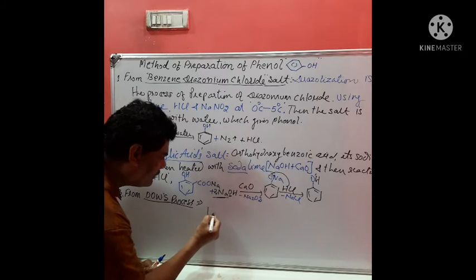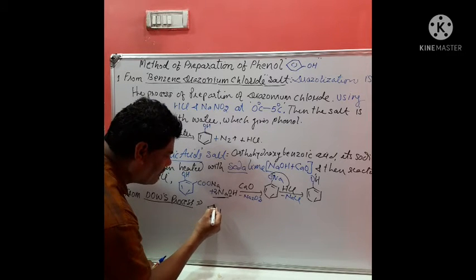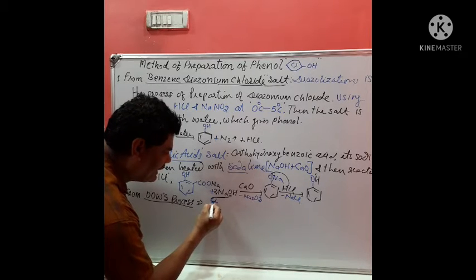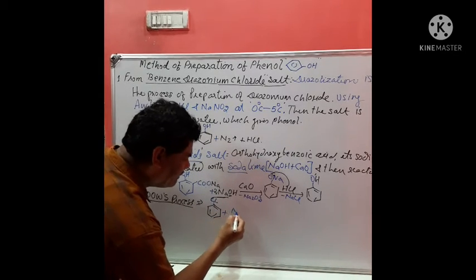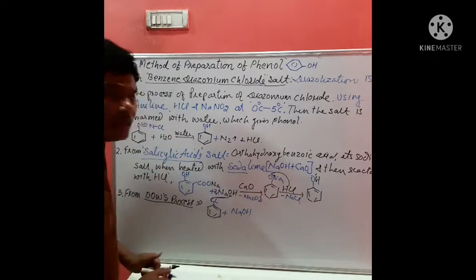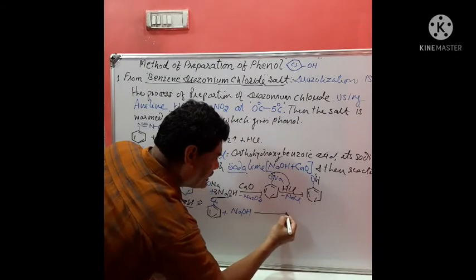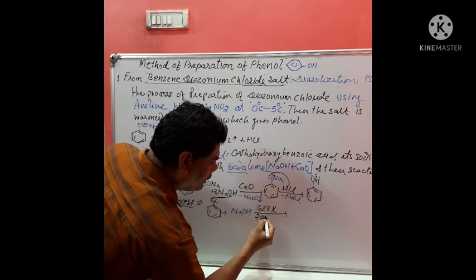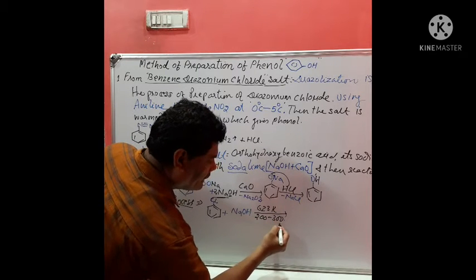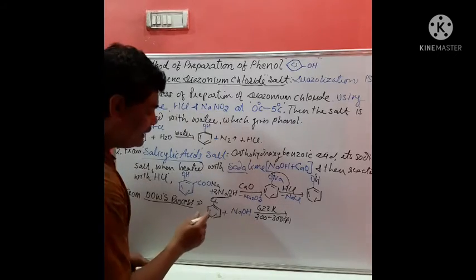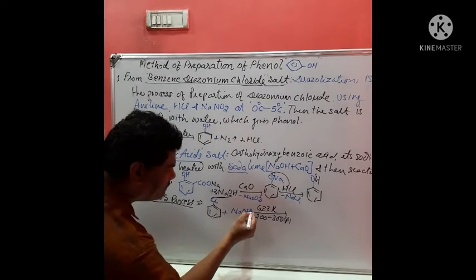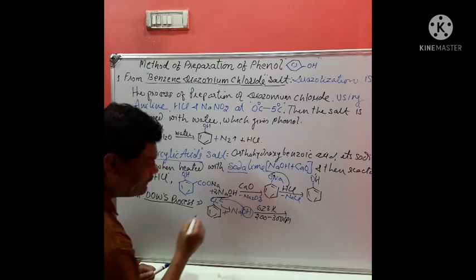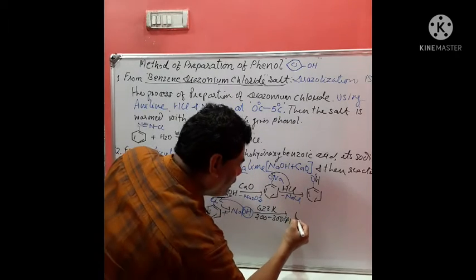So the same reaction here we have to write. What? Chlorobenzene, Cl, chlorobenzene, when heated with sodium hydroxide, NaOH, at the temperature and pressure condition of 623 Kelvin temperature and 200 to 300 atmosphere pressure. Here the nucleophilic substitution reaction takes place, meaning the OH enters here and Cl reacts with Na, forming what?